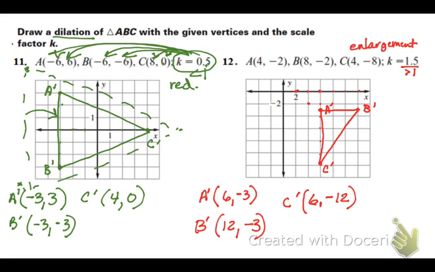B was 8, negative 2. And C was 4, negative 8. Yes, it is an enlargement. And sure enough, the image was larger than the pre-image. Okay? So we'll go on to the next video.